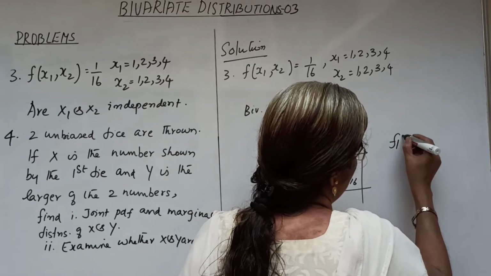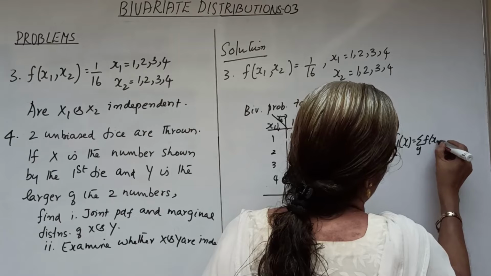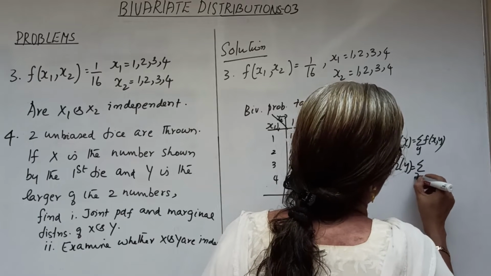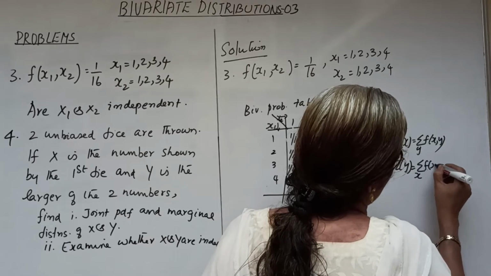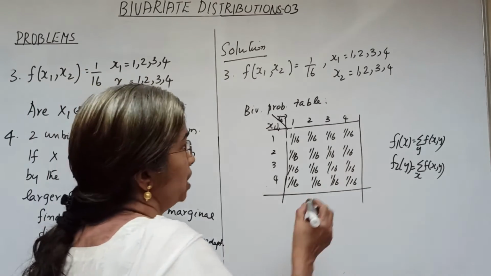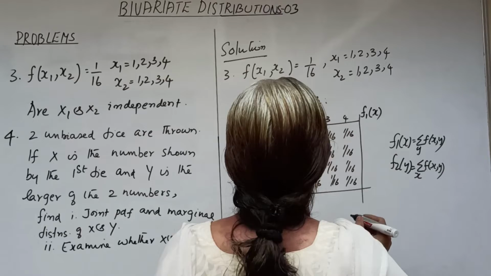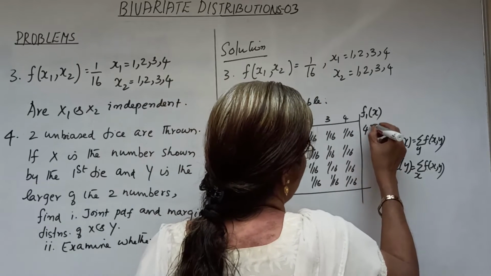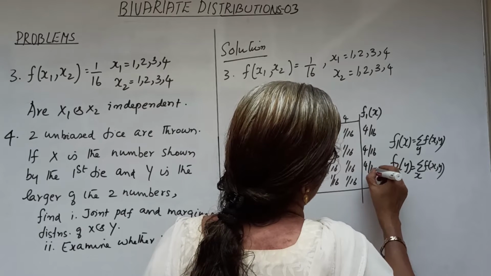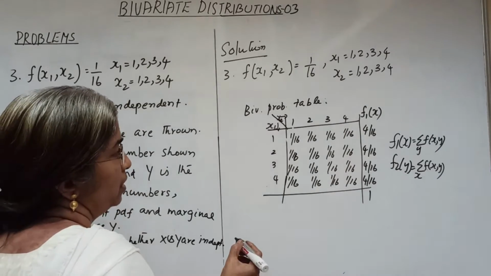Already I have discussed f1(x) equal to sigma over y of f(x, y) and f2(y) equal to sigma over x of f(x, y). As x1 is in rows, the row total gives the f1(x) values, each equal to 4 by 16, which is 1 by 4, and the grand total equal to 1.